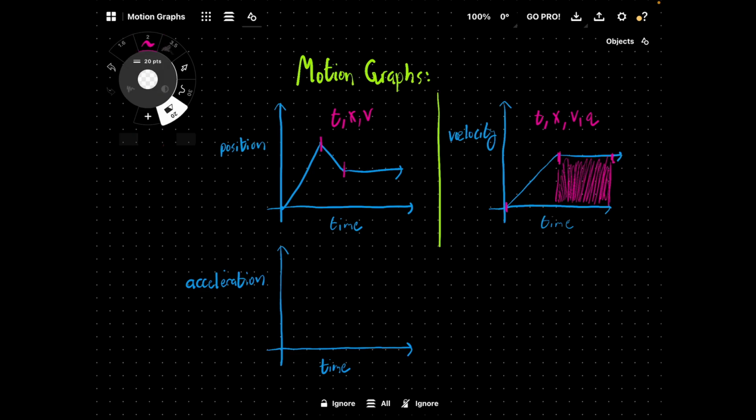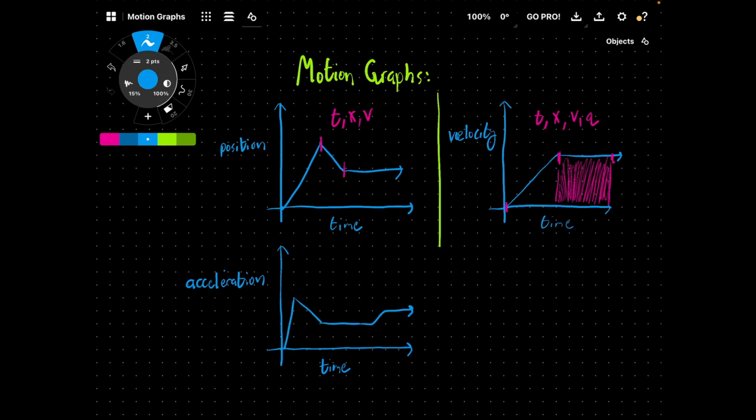Now the next thing, or the third and final type of graph we have over here, is going to be the acceleration graph. So let me quickly draw that. Here we have the acceleration graph, and it's pretty simple to understand. Now, of course, we can figure out acceleration and time just by looking at the points on the graph, but if we wanted to figure out velocity, there's nothing beyond acceleration, we'd have to find out the area.